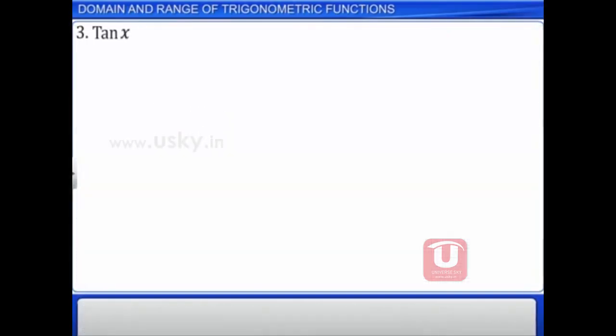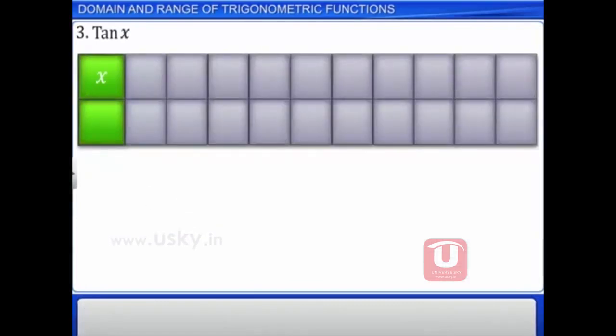Proceeding on to the next function. Let us take the values of x as 0, pi by 6, pi by 4, pi by 3, plus or minus pi by 2, plus or minus pi, plus or minus 3 pi by 2.